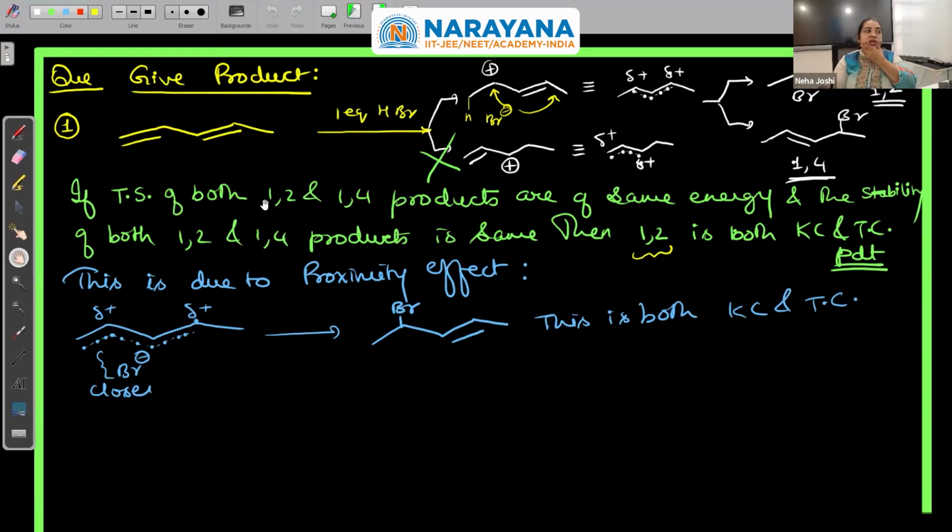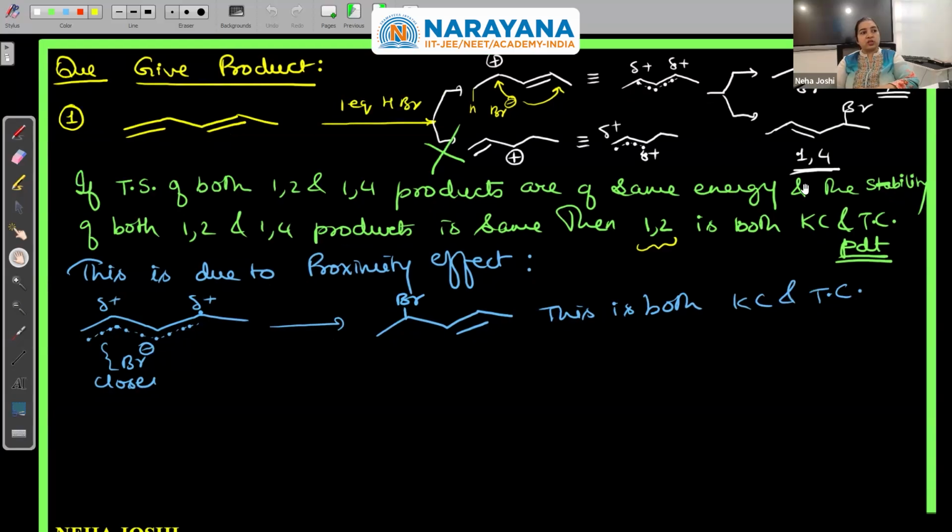If the transition states of both 1,2 and 1,4 products are of the same energy, and the stability of both products is the same, then 1,2 is both KC and TC. Then whatever, see, there is no difference between these two. Then you say that 1,2 is the major.